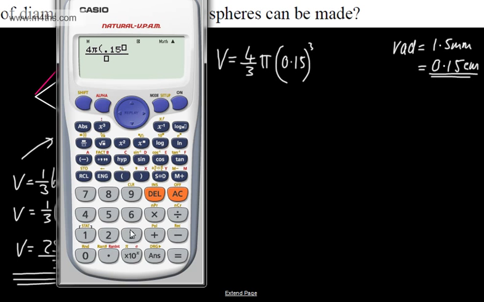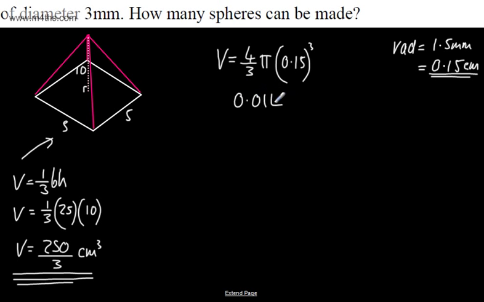Let's put that in and cube that. And then we can simply divide this by 3. That's giving me exactly the same. So that gives me now 0.014. So let's write this in, 0.014. So that is now the volume of each of the spheres.